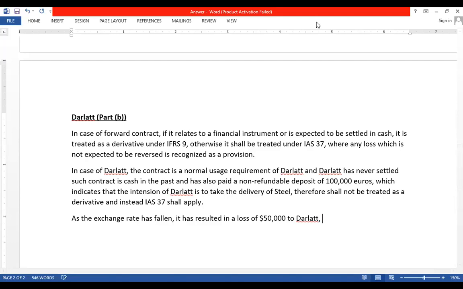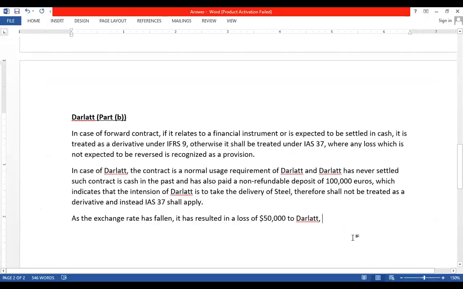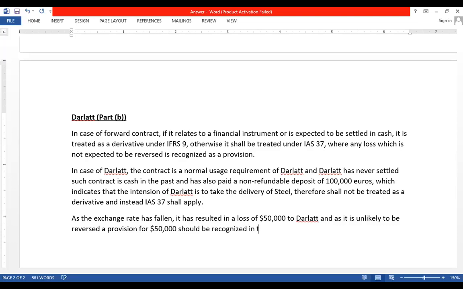And it also mentioned that it is felt that the decline is unlikely to be reversed. So we're going to say that, as it is unlikely to be reversed, a provision for $50,000 should be recognized in the financial statements.